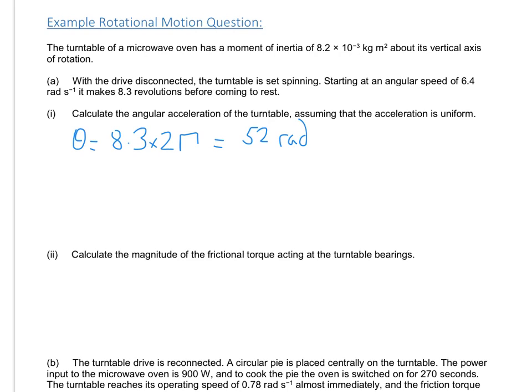So then we're going to need to think about what equation we're going to use. So in this case, we're going to want this equation here, because we haven't been told anything about the time. So we're essentially trying to find this here. So let's rearrange it in algebraic form first of all. Ooh, I messed up my squared there.